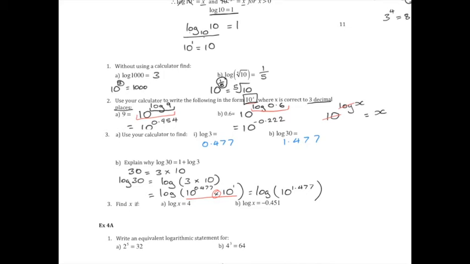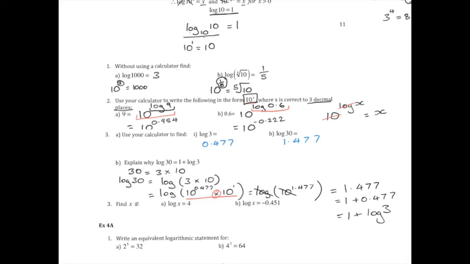Okay, and now wait a minute. Well, log and 10 should cancel out as always, so that should equal 1.477, which is 1 plus 0.477, which is 1 plus log of 3.